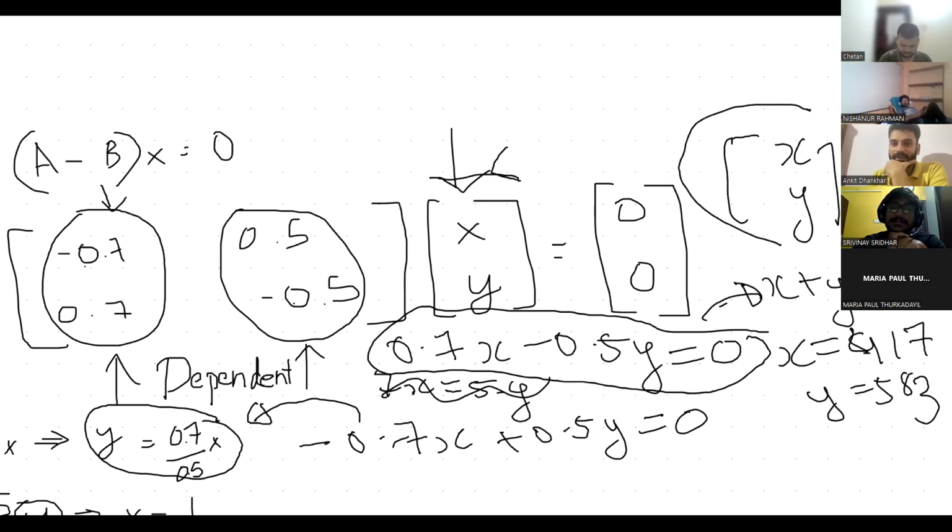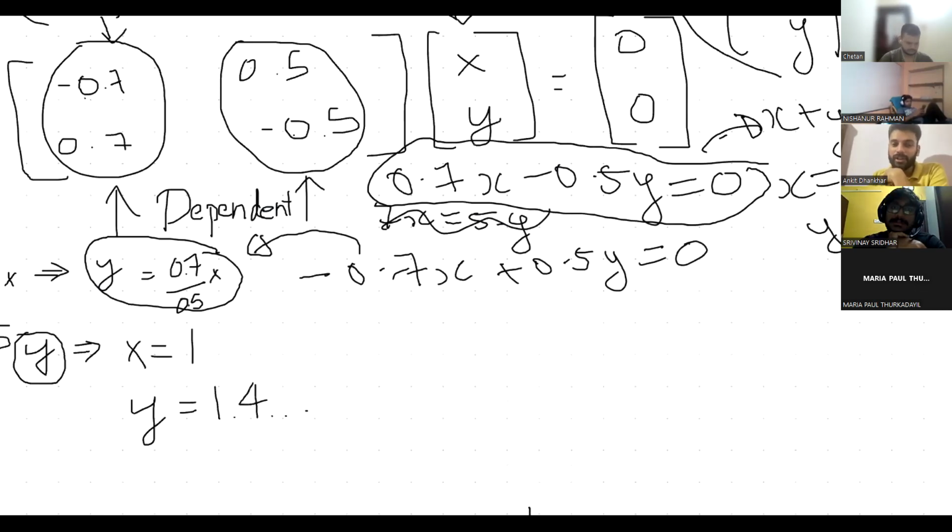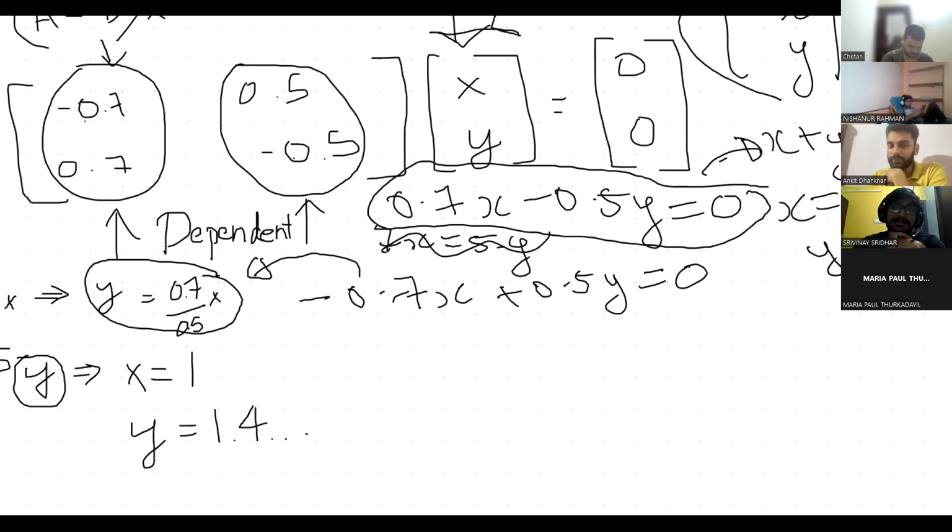What we did earlier: the equation was 0.7x - 0.5y = 0, and that alone would not have given us anywhere. So we used the extra equation that we had, that is x + y = 1000. And evaluating these two equations led us to the answer.